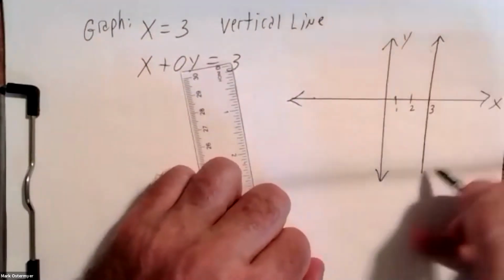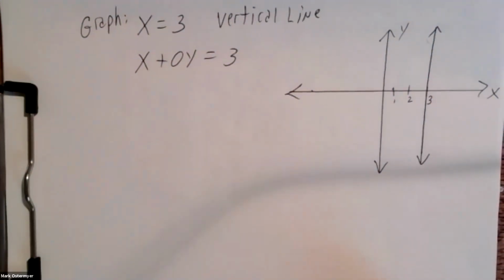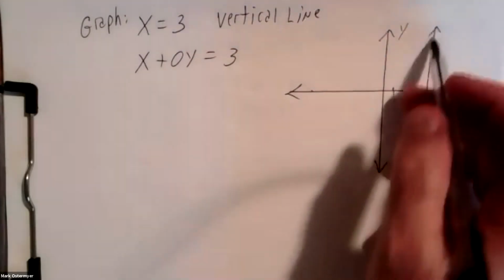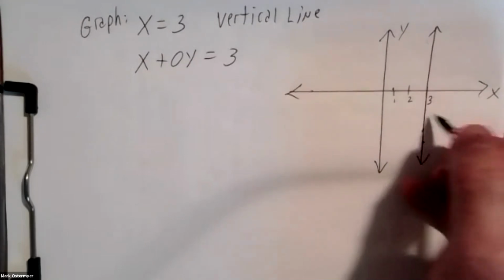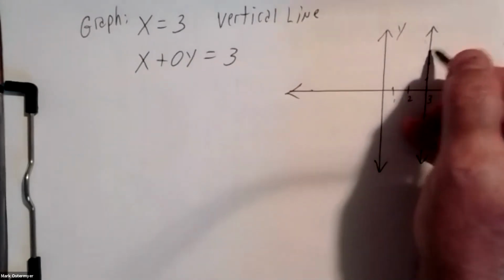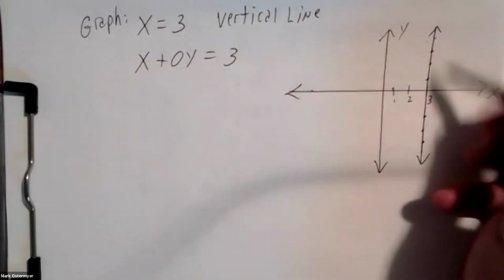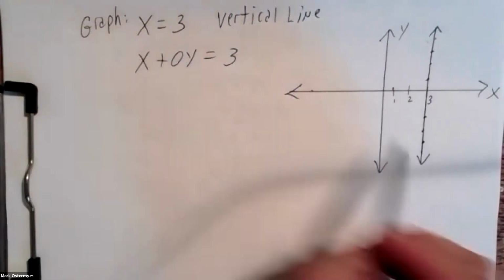That is the graph of x equals 3. Makes sense, because any point on this vertical line is going to have an x coordinate that's always 3. The y coordinate could be anything, but the x coordinate's stuck at 3. That's why it's a vertical line.